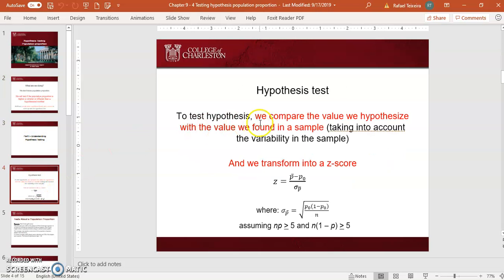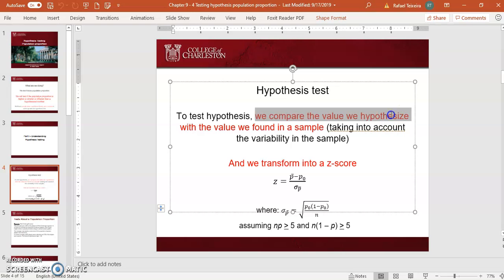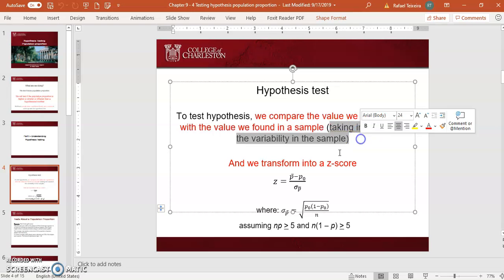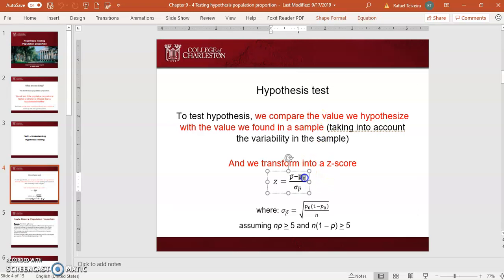Okay, in the hypothesis test, we compare the value in the hypothesis with the value we found in a sample. Take into account the variability. This is the process of standardizing the difference between the hypothesized proportion and the sample proportion. Are they different?